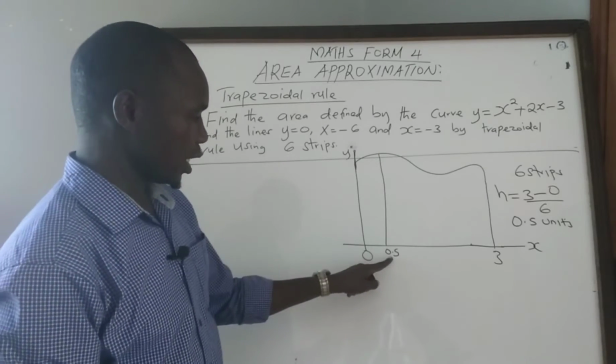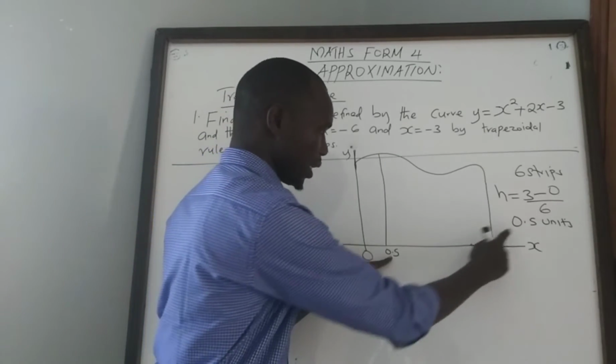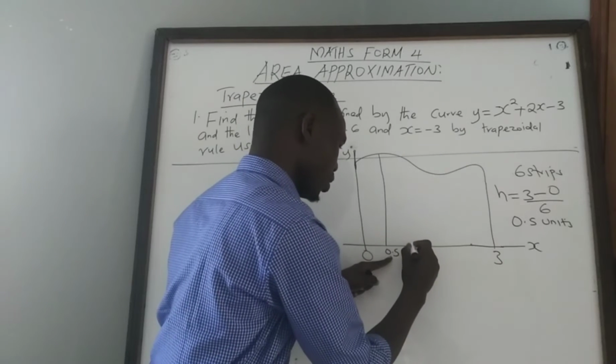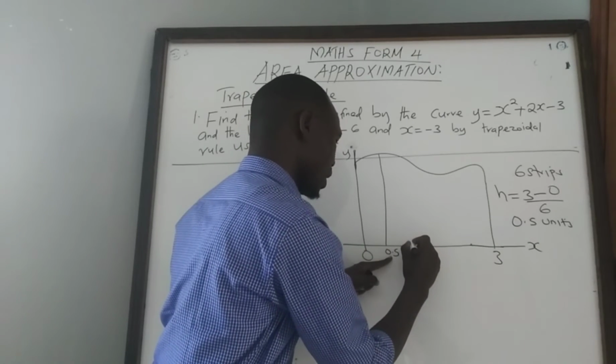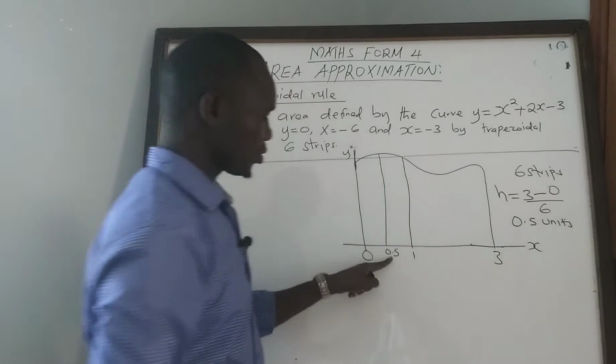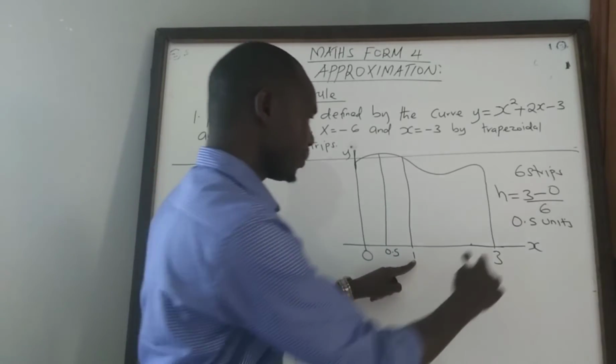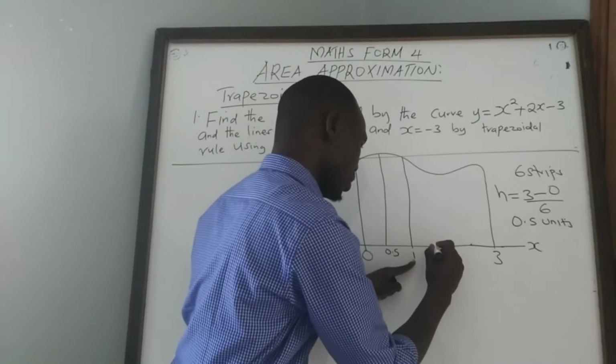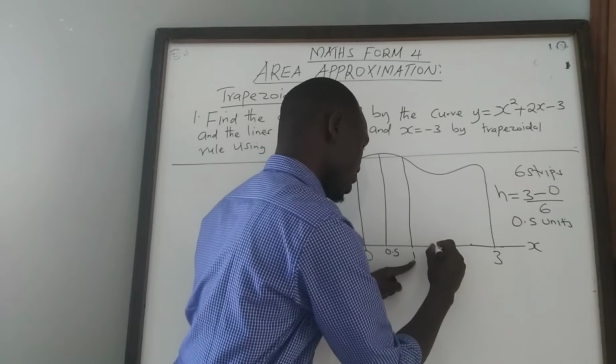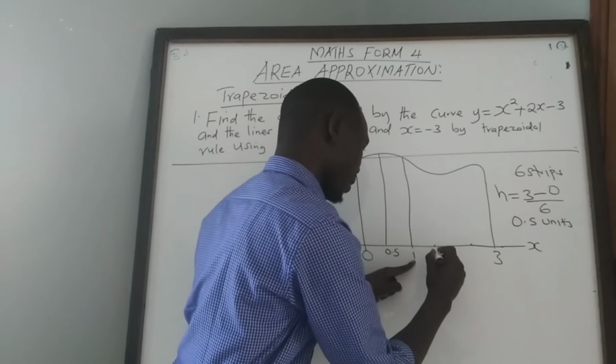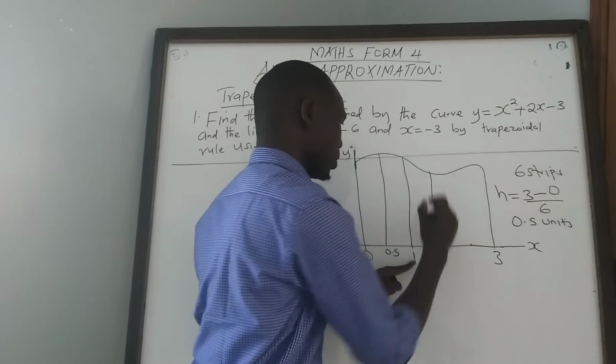Then the second: 0.5 plus the height, which is 0.5, gives 1, and this is where we have another strip. Then 1 plus the height, 0.5, gives 1.5, and 1.5 is where we have another strip.